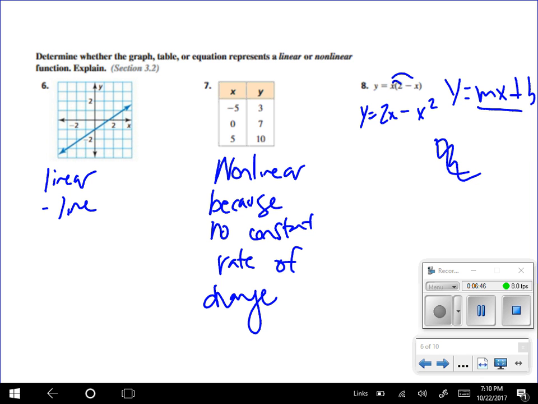Well, is that in the form y equals mx plus b? No, so it's nonlinear. Not in the form y equals mx plus b is your explanation. So you need to know what a linear function would look like.